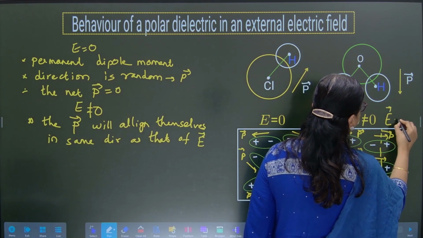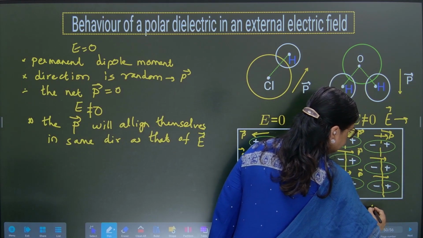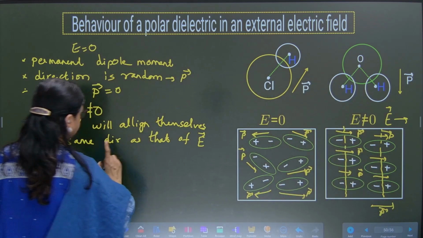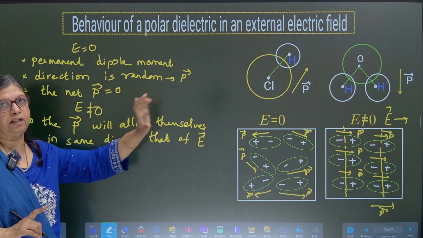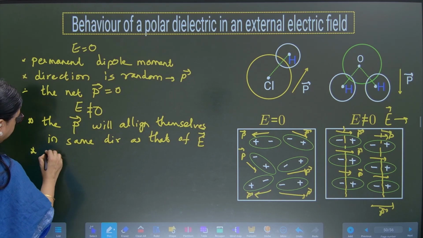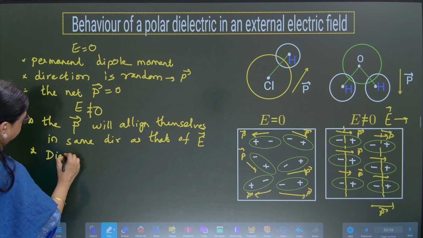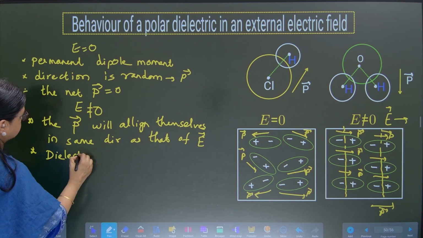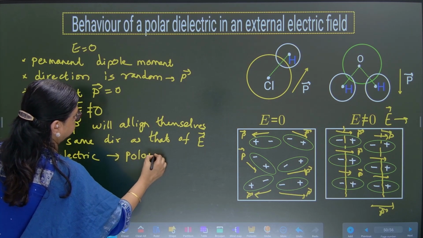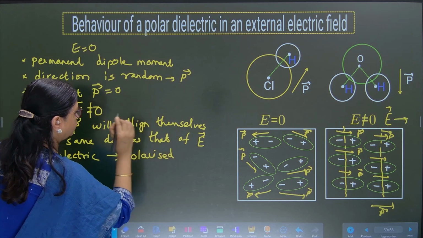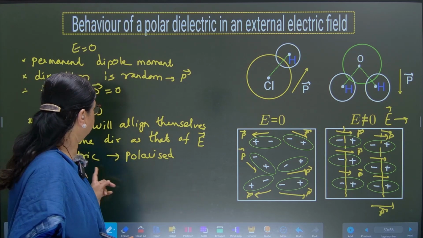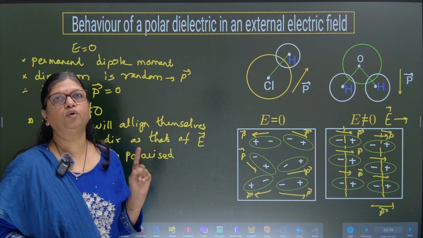Okay, direction is same as you can see. Fine. Same direction both E vector and P vector will have. So the dielectric is said to be polarized and will produce its own electric field because of these permanent dipole moments.